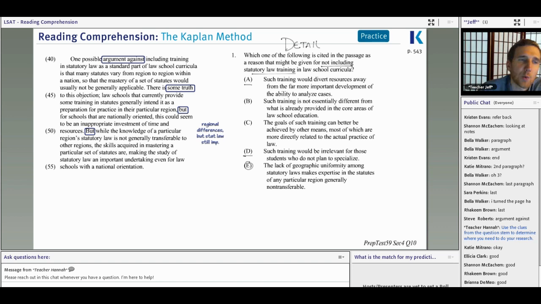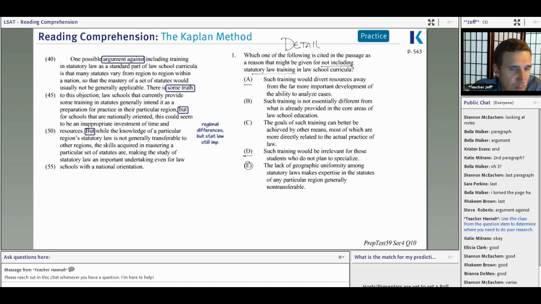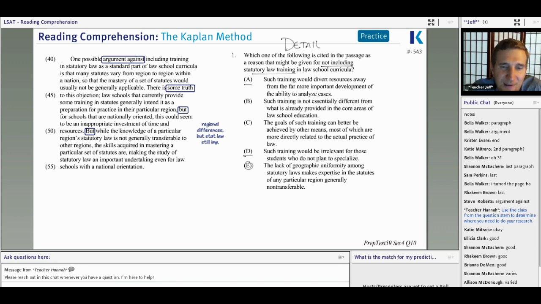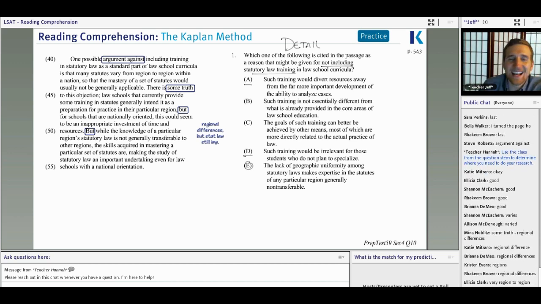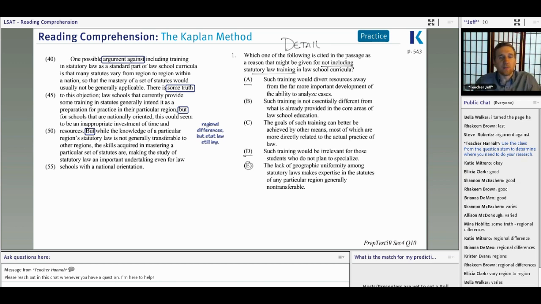Honestly, when you went back and reread, your margin notes could have been enough, because what did we say was the big negative with statutory law training? We talked about this. We paused, we slowed down for that part. That it varies, exactly right. We said the whole negative is that it varies by region, boom. And answer choice E says that thing.